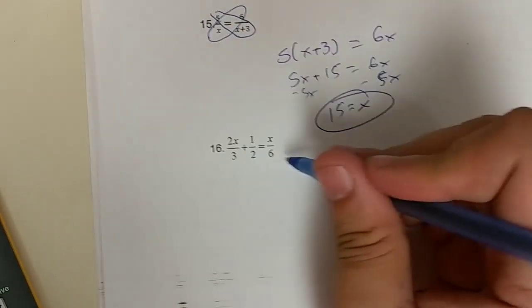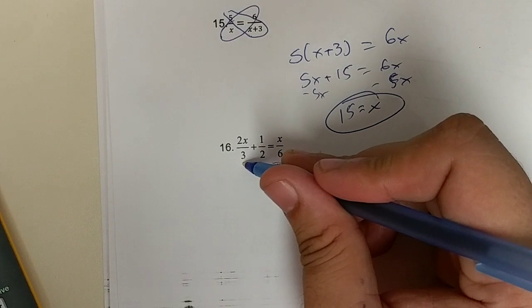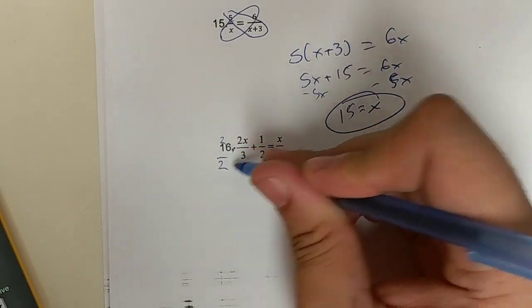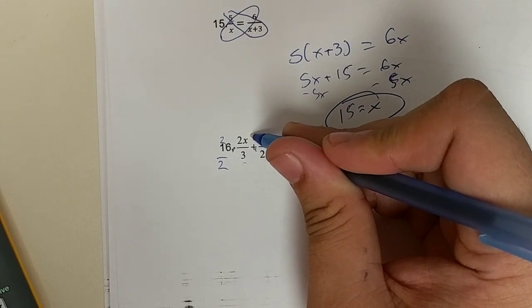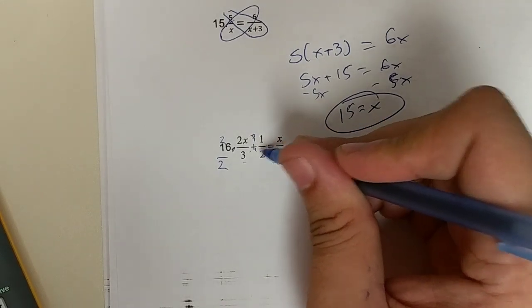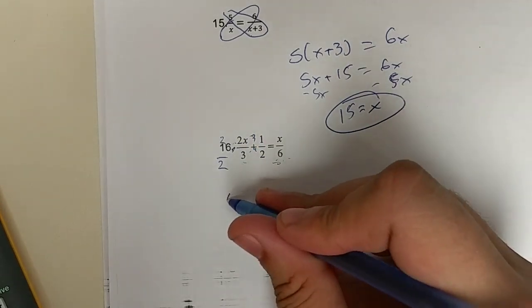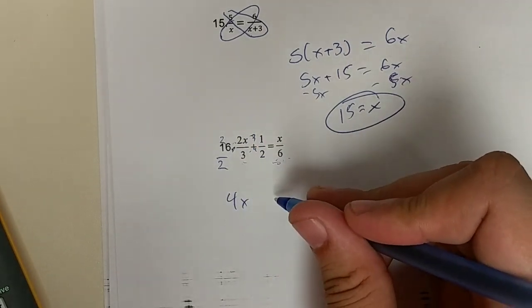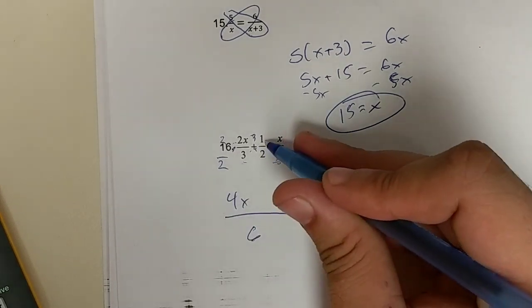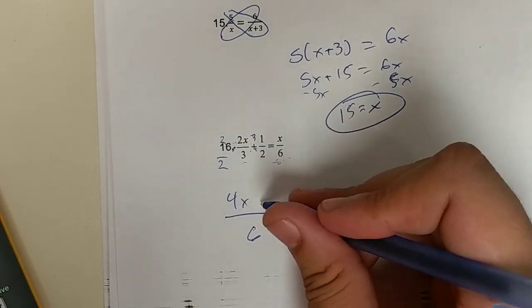Okay. This has to all match. So I'm going to make this a 6. So I'm going to multiply this one by 2 over 2 and make this one match by 3 and 3. So 2 times 2x is 4x over 6. Plus 3 times 1 is 3.